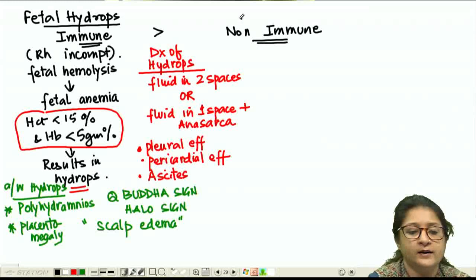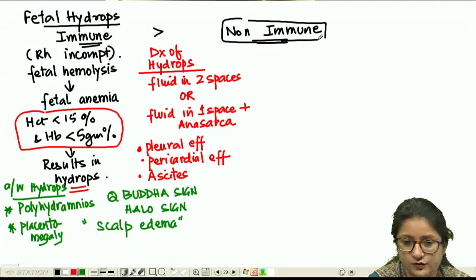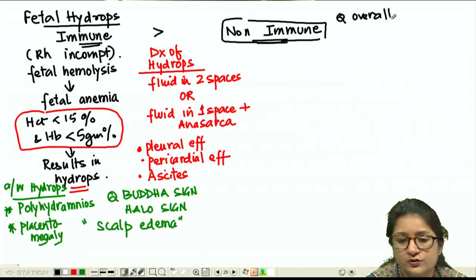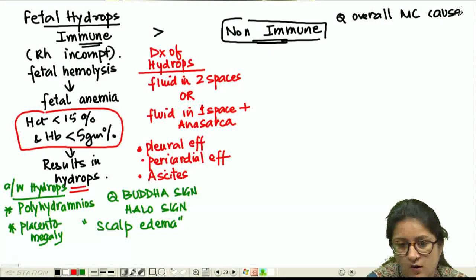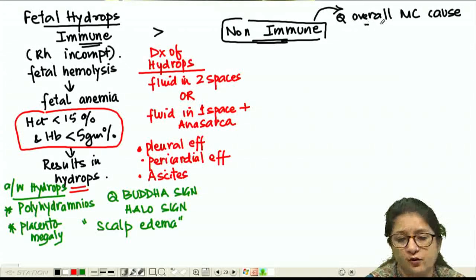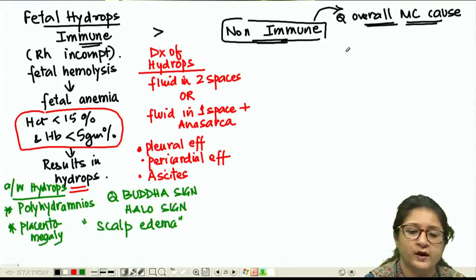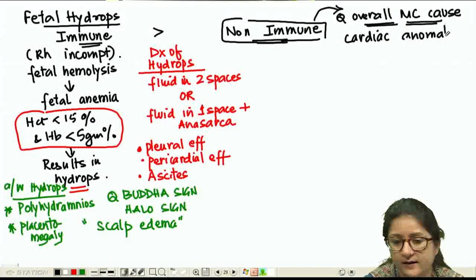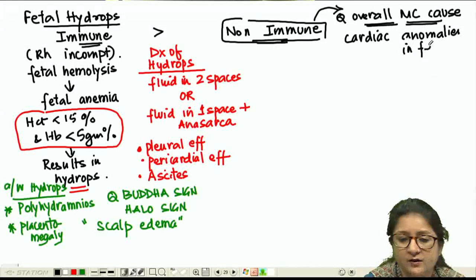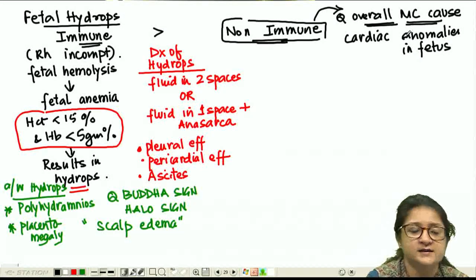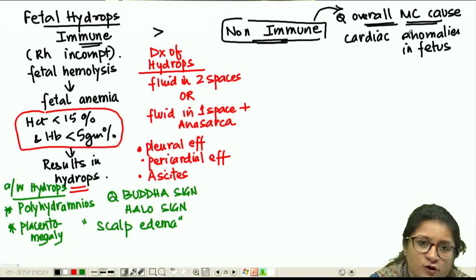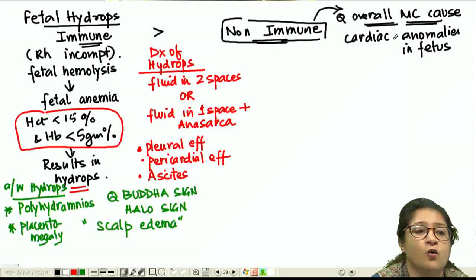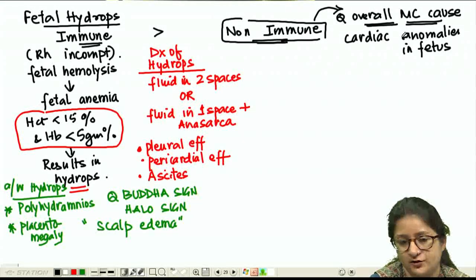Now coming to the non-immune hydrops. If I were to ask you the overall most common cause of non-immune hydrops, it would be cardiac anomalies in the fetus. When I say overall, I am considering live born fetuses with hydrops and stillborn fetuses with hydrops, all the presentations of hydrops, right?